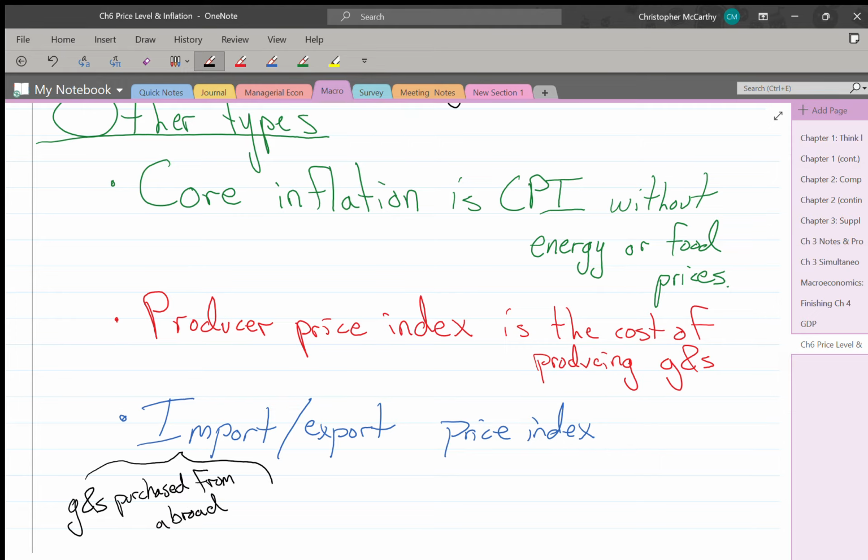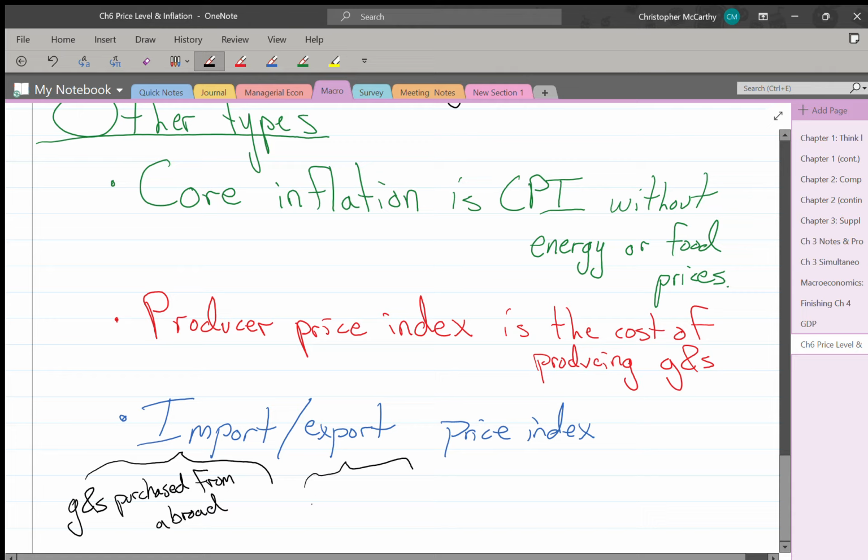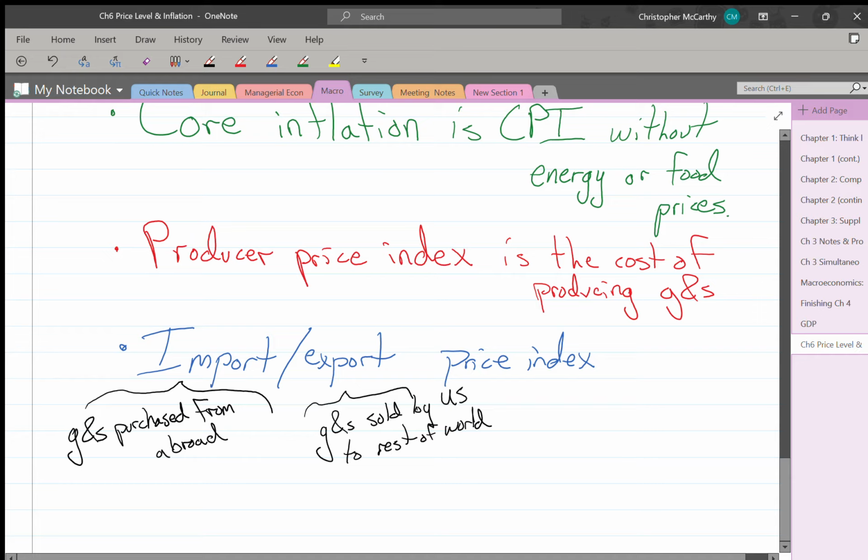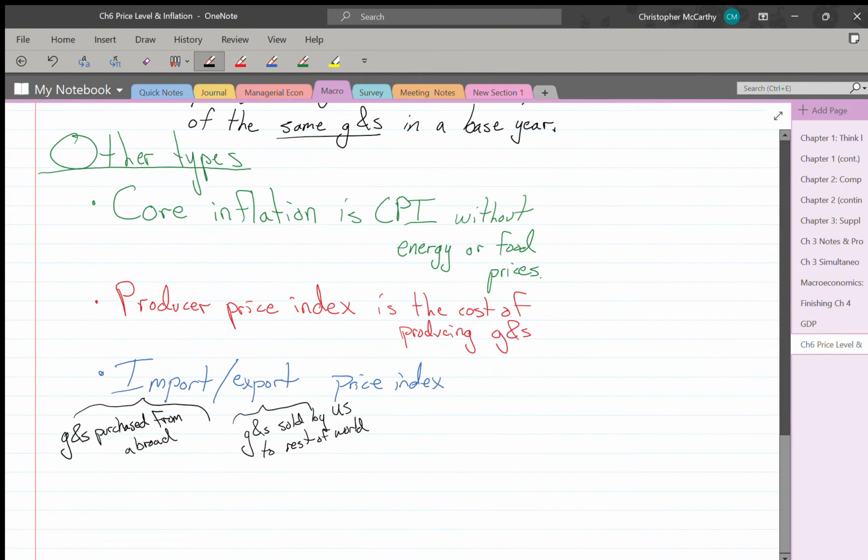And exports are those things that we sell, sold by the US to the rest of the world. These two things tend to have different prices. They're influenced by exchange rates and other things that are beyond the scope of this class, but just be aware that at the end of the day, they are all just other types of price indices.